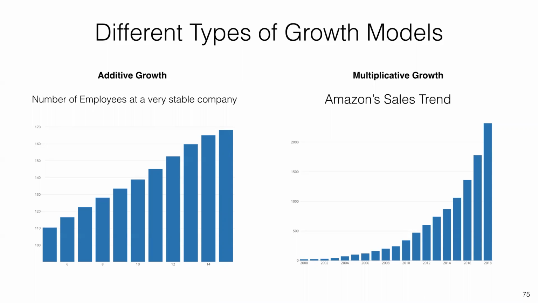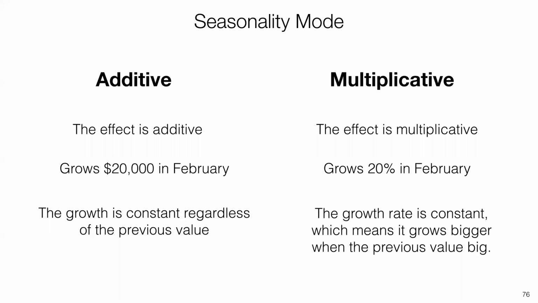I think we might say that too, but typically it's 20% up compared to the last season or last year, right? So in a certain type of business or data, it grows by percentage, and in another type it grows by adding numbers. So these are two different growth models.